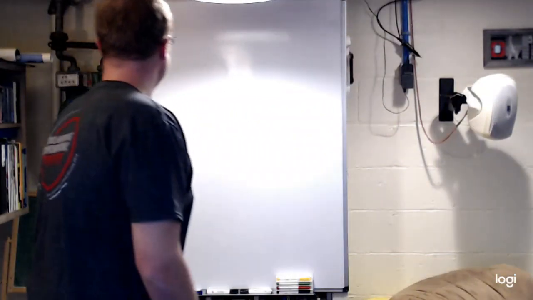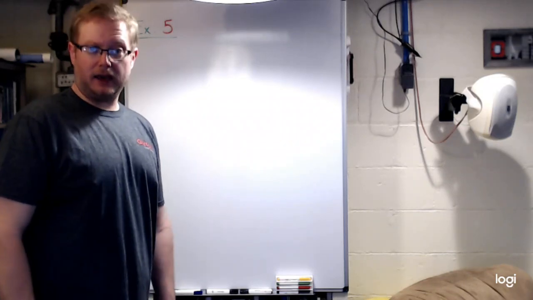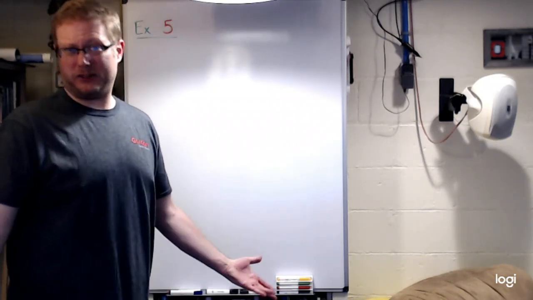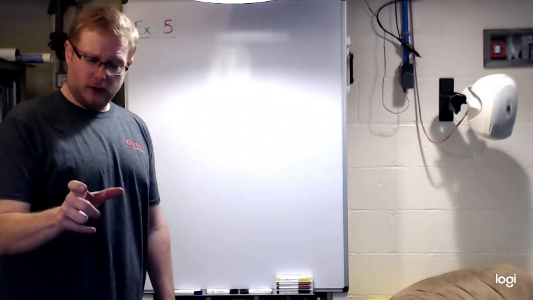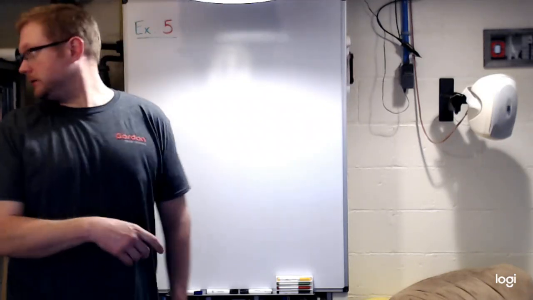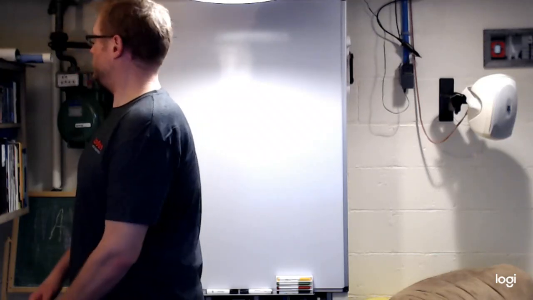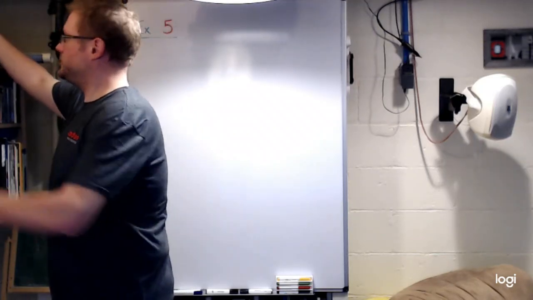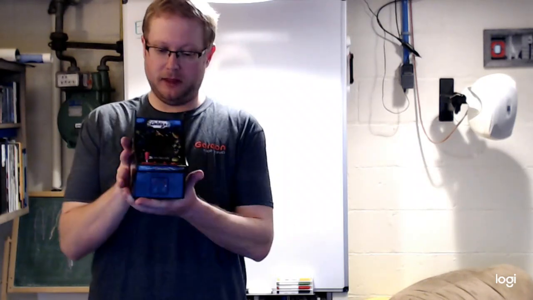I'll get to that. All right, so example 5, it says scale and scale models. And if you're not sure what a scale model is, think of a Matchbox or a Hot Wheels car. Let me show you what a scale model is. That's a scale model. If you've ever seen an arcade machine, this is a little version of an arcade machine.